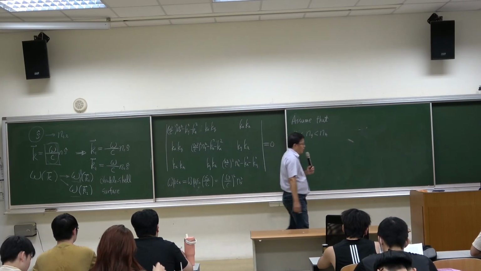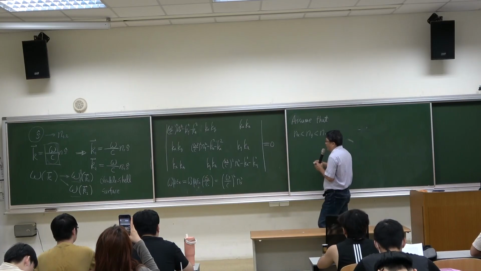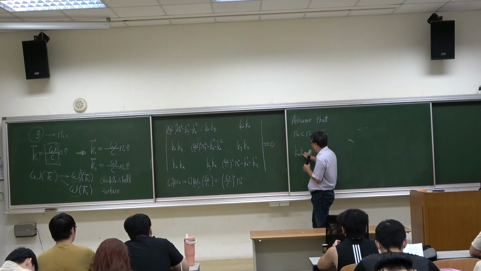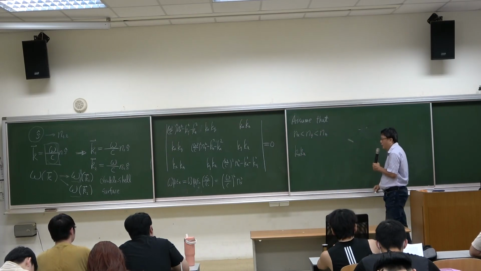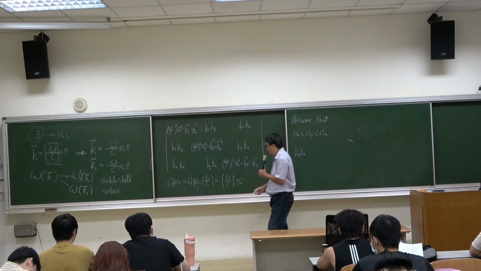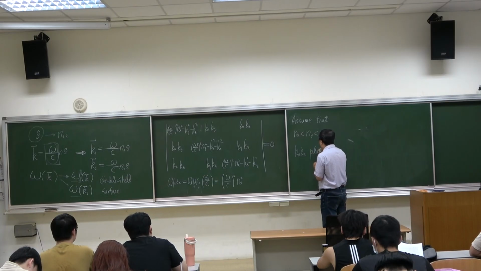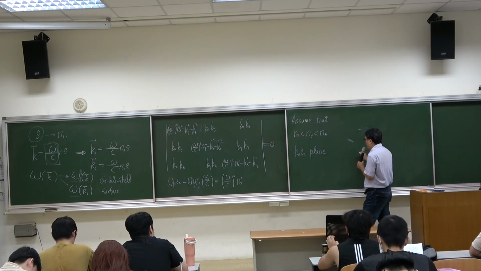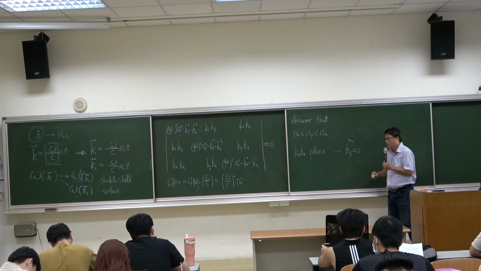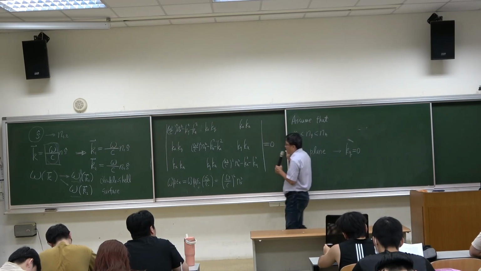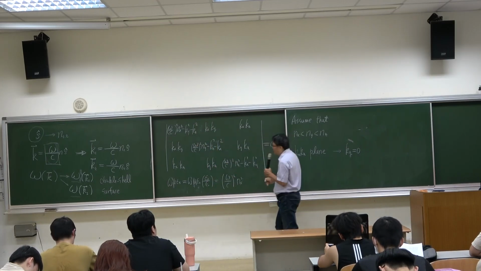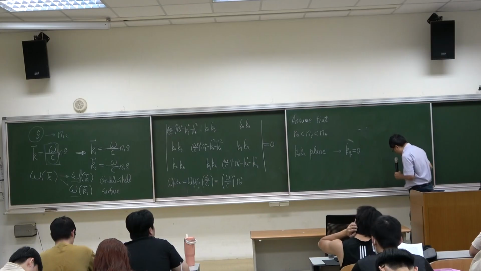So if we want to know the intersection of this surface with the kx-kz plane, kx-kz plane means that ky is equal to 0. So I substitute ky equal to 0 into this zero-value condition to see what is the result.